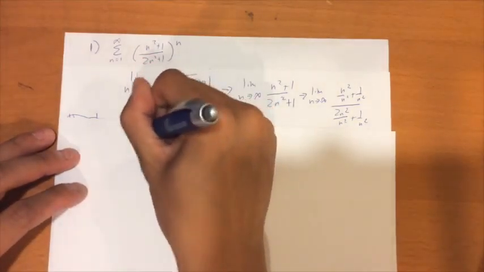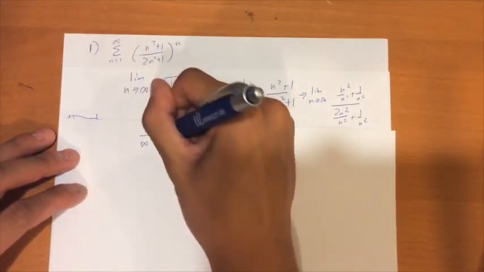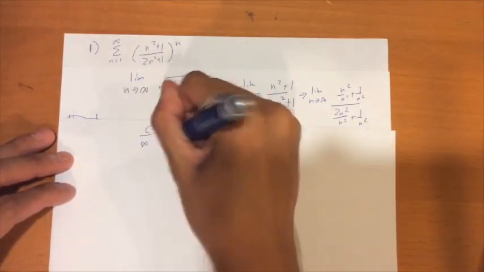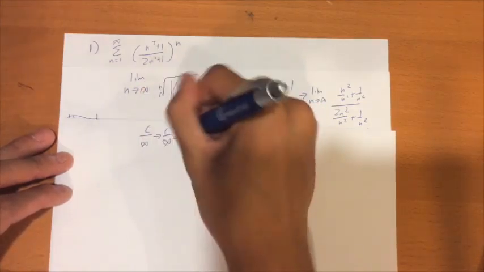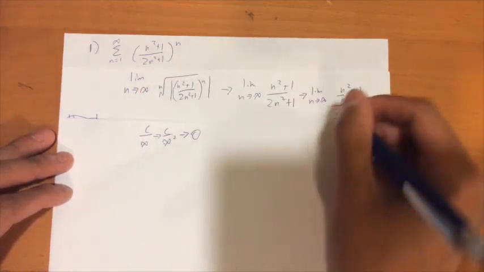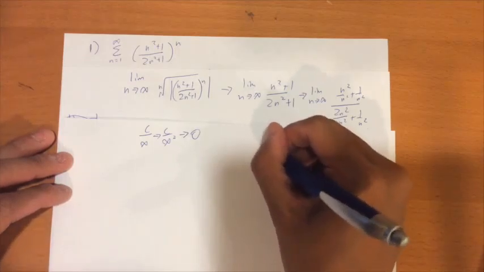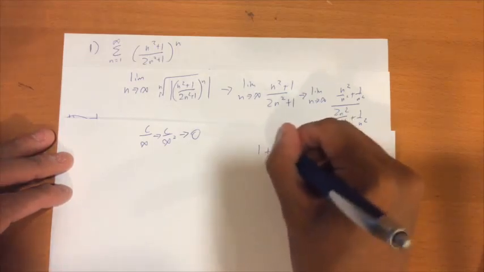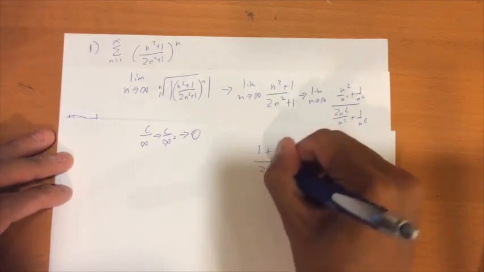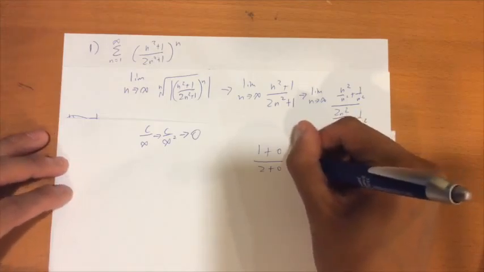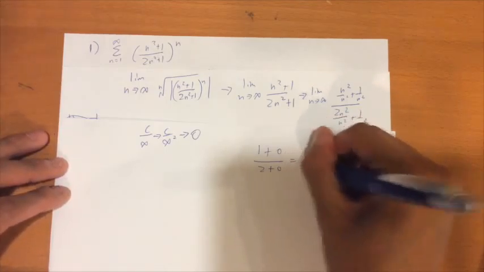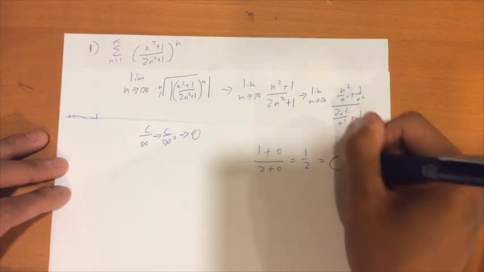Keep in mind that any constant over infinity or any constant over infinity squared is always just going to be 0. So in this case, this would become 1 plus 0 over 2 plus 0 when you take the limit, and this becomes 1/2, which is your constant.